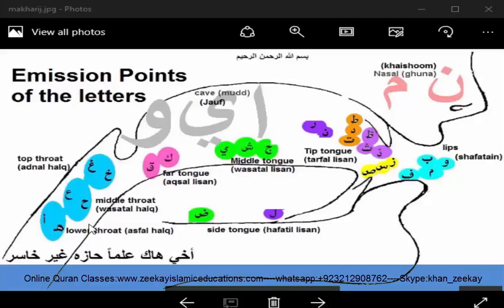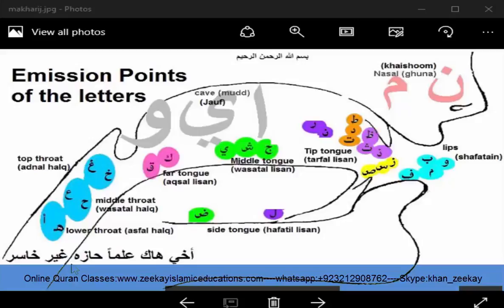And Ha and Ain are pronounced from the middle part of the throat. These letters are known as Huruf al-Halqi, or throat letters: Kha, Ghain, Ha, Ain, Hamza, Ha. There is a relationship between these letters and ghunna, and we will learn inshallah what to do with ghunna when these letters appear in any verse.